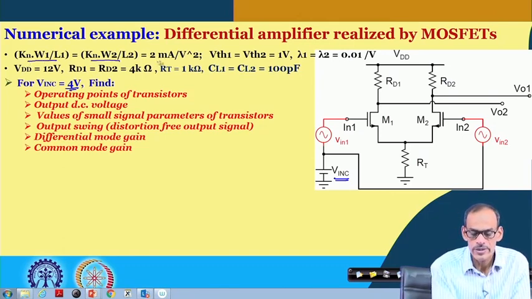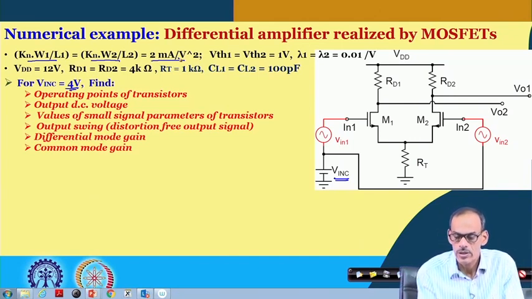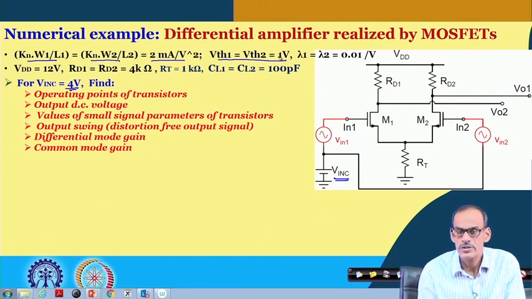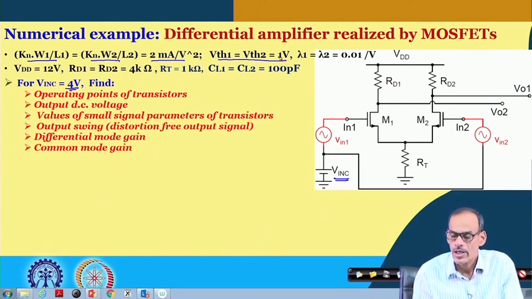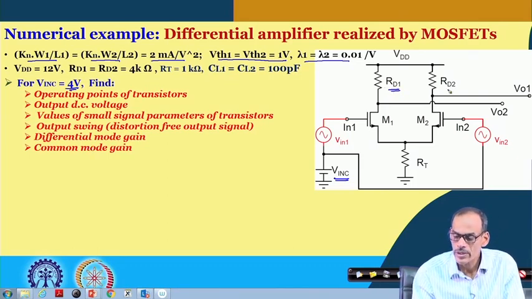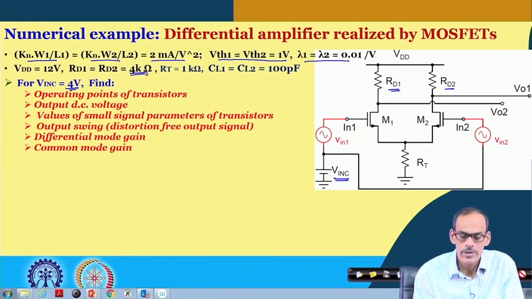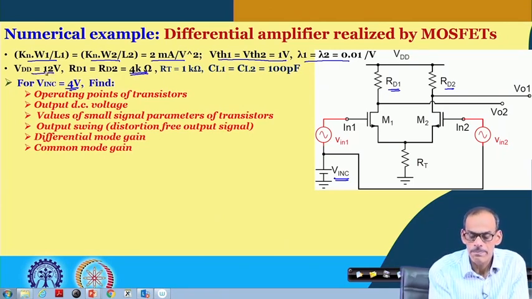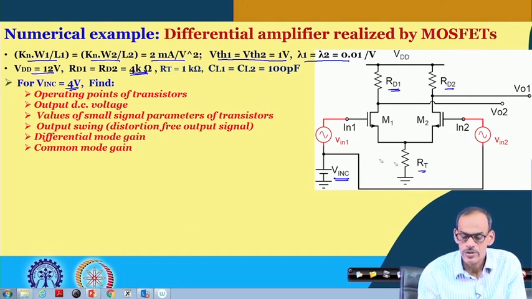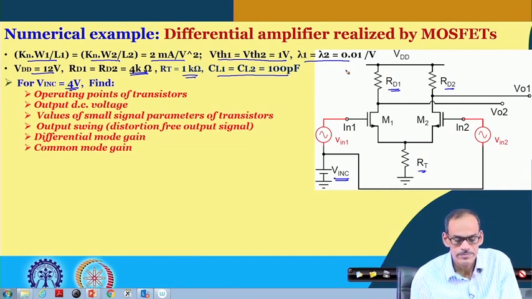Both the transistors are identical, having transconductance factor of 2 milliampere per volt square. Threshold voltage of both the transistors are 1 volt. Lambdas are given here, and then RD1 and RD2 they are identical, and both of them are equal to 4 kilo ohm. Supply voltage is 12 volt, and again RT we are considering 1 kilo ohm, and this load capacitance in this example is not really having much significance.